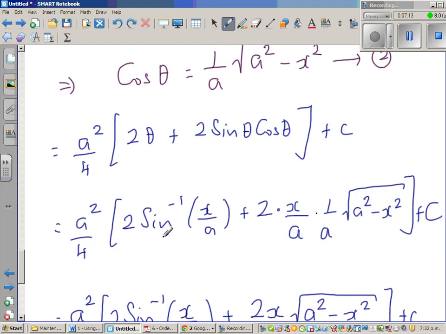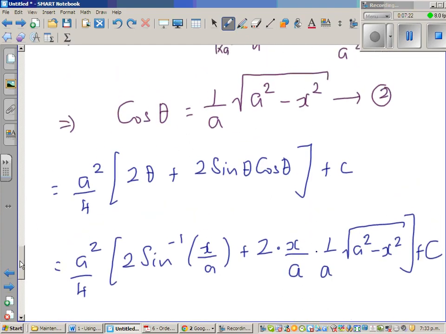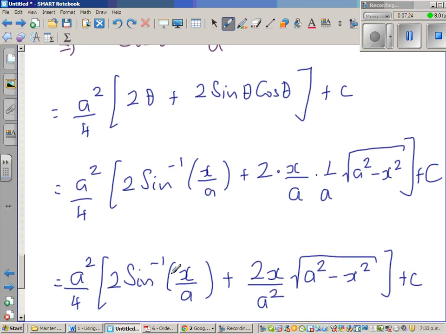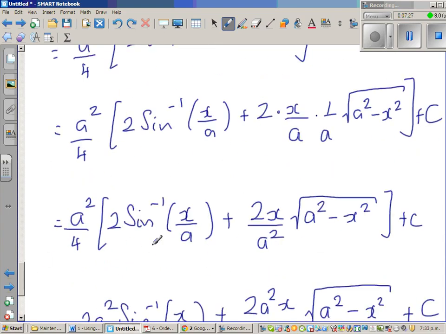Now substituted, theta is sine inverse of x over a, plus 2 times sine theta, which is x over a, times cos theta, which is 1 over a times square root of a squared minus x squared, plus c. Now this is simple simplification.